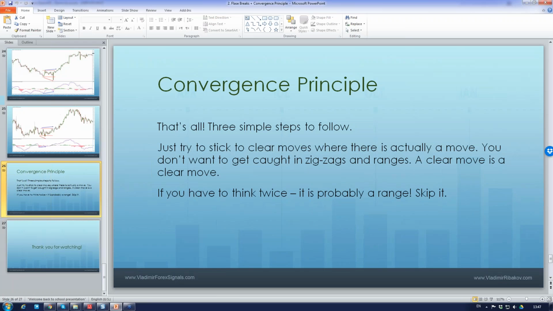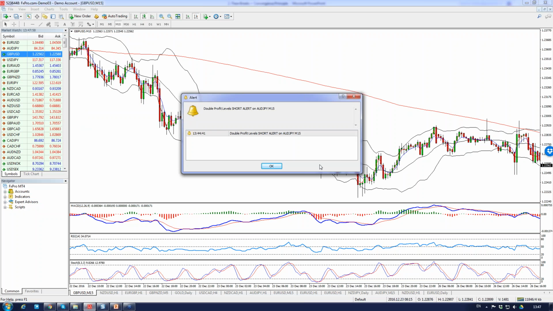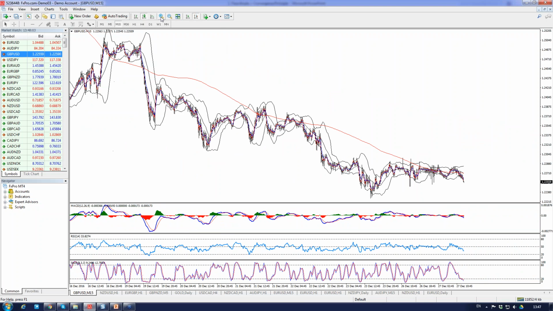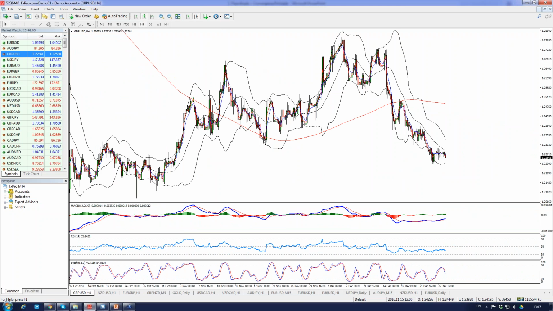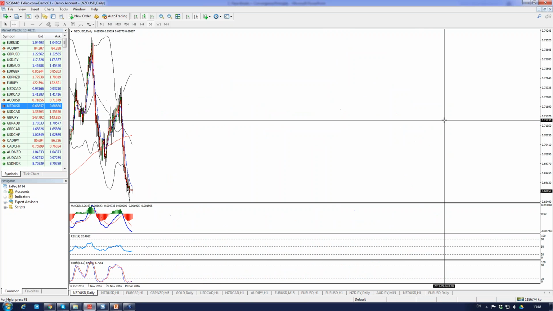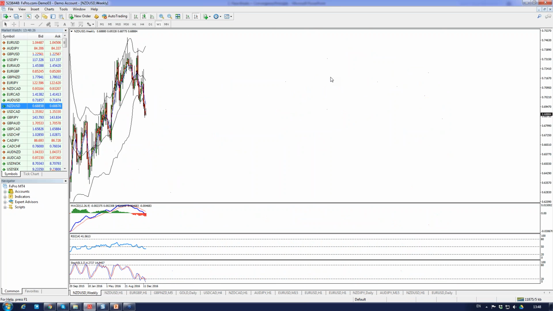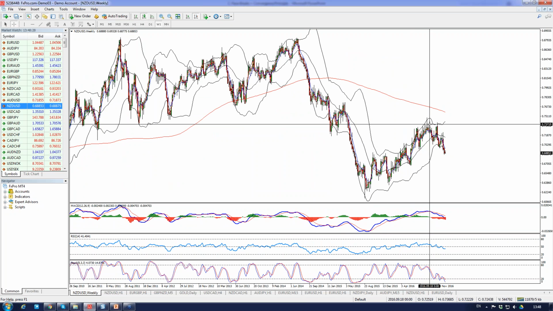Now, on the next webinar, we are going to talk about how we put it all together. I give you a hint now, which you will be able to remember already. At the end of the cycle, when a double cycle appeared, for example, the same New Zealand dollar that we spoke about on the previous webinar, we had a triple cycle here on the weekly chart. 1, 2, 3.